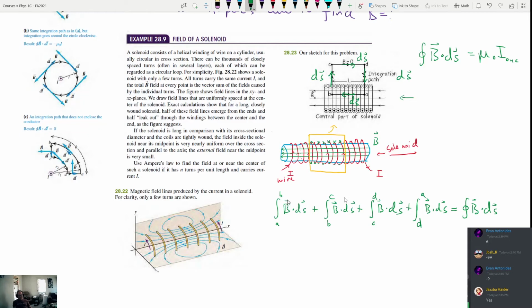All right, so first things first. For this one, we notice that the direction of the magnetic field and ds are parallel to each other here.